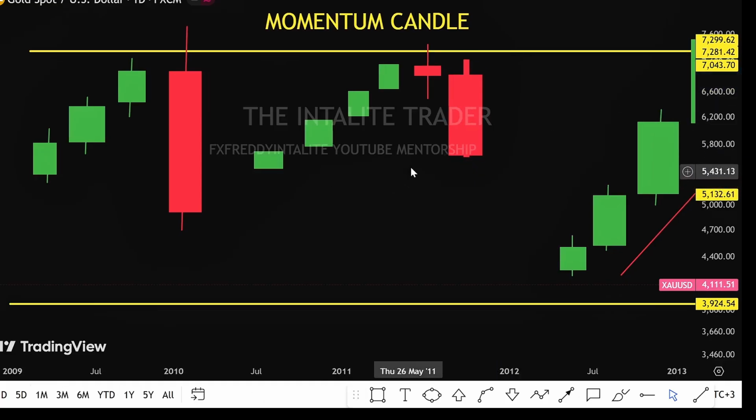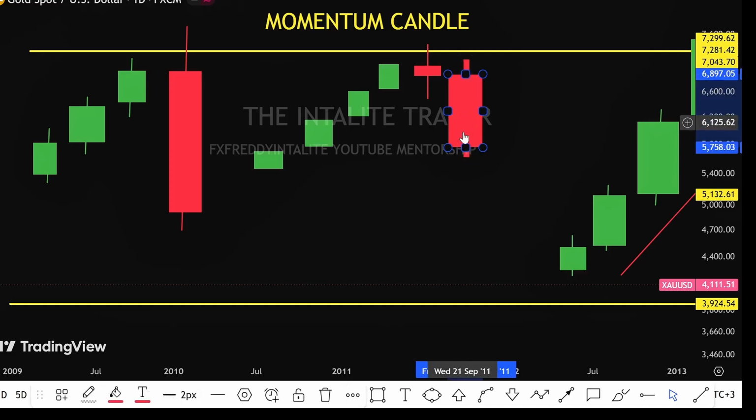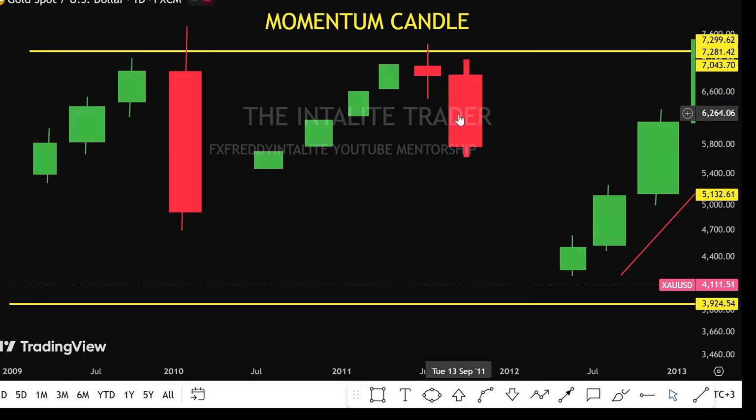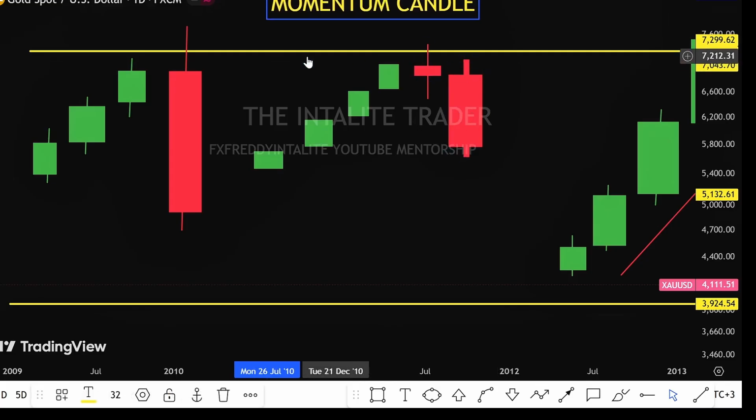So what does this tell you as a trader? This strong selling presence you're seeing here comes in as a result of momentum having stepped in. Previously we said this is an engulfing bar, a typical example of an engulfing bar.